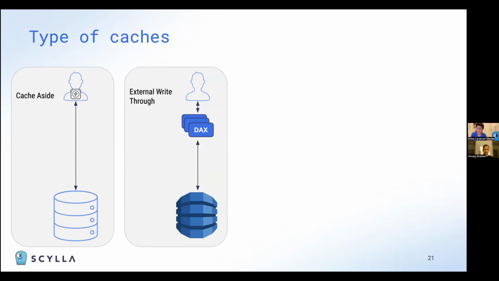One aspect that may happen when you are using this type of strategy is that if a user directly updates the underlying Dynamo table without going through the DAX endpoint, and the item in question is not yet considered stale or evicted by the cache, then reads from the cache may become inconsistent or stale.